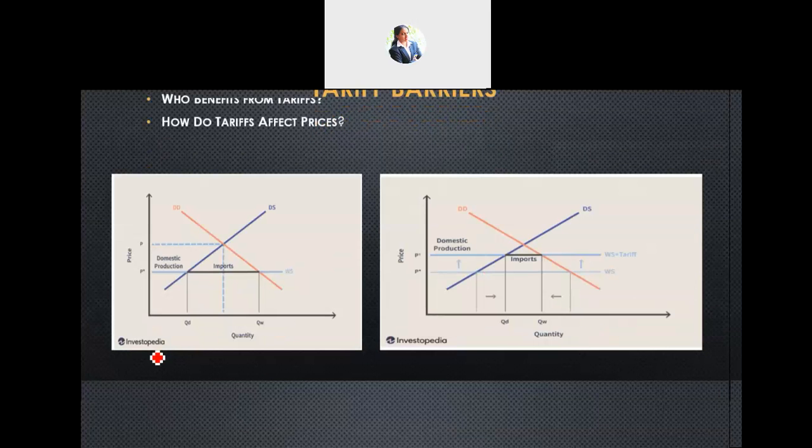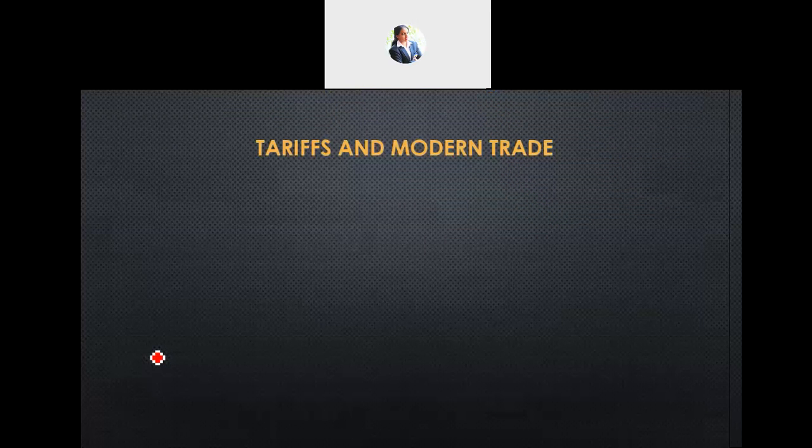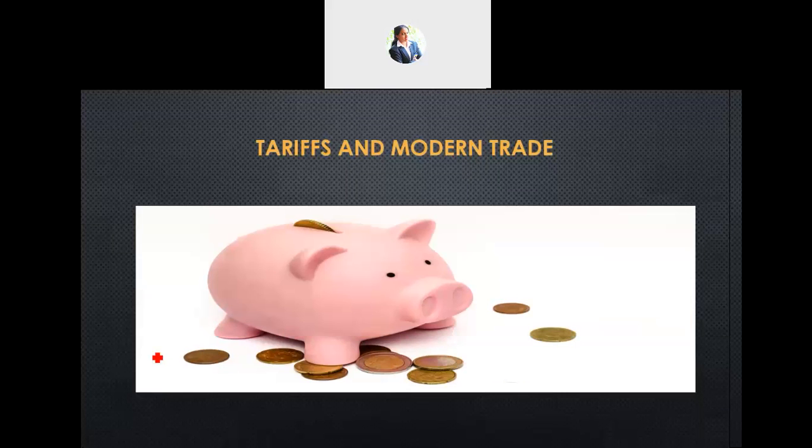Now, the next topic is tariffs and modern trade. How do tariffs have their effects on modern trade? The role tariffs play in international trade has declined during the recent decade or two.